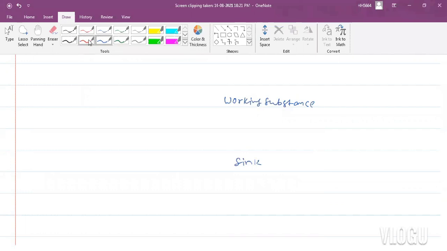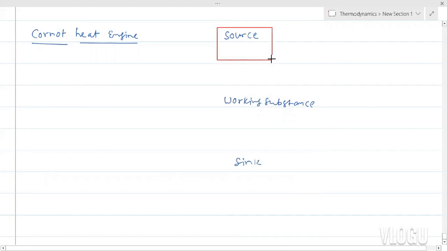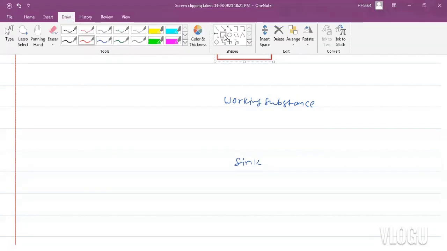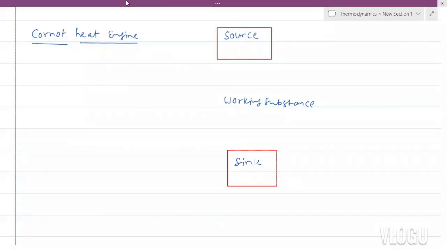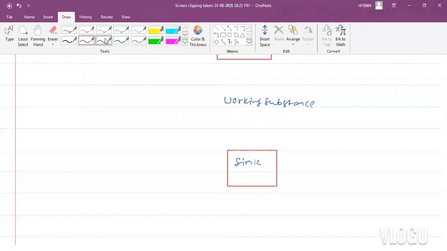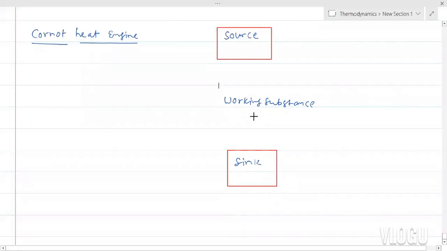So the source is always maintained at high temperature T1 Kelvin, and the sink is always maintained at a low temperature T2 Kelvin. The working substance, generally, we used to think of a gas.